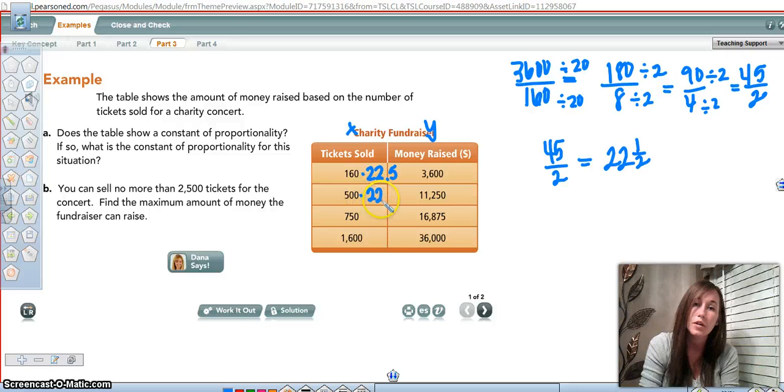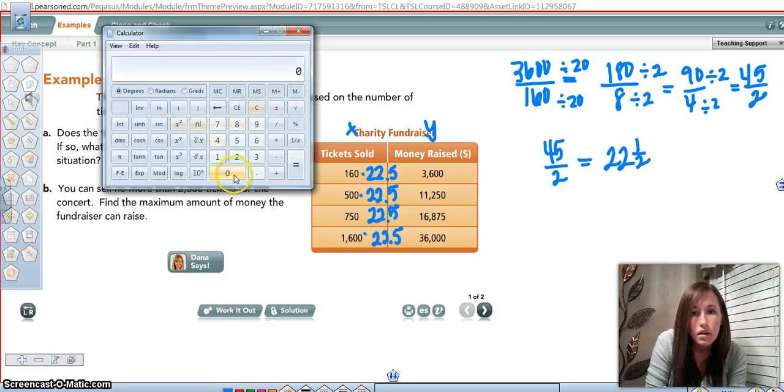And I would have to work on every row here. Let's test it. Okay, so we know it works on the first row. That's the multiple we found. It works on the next row.